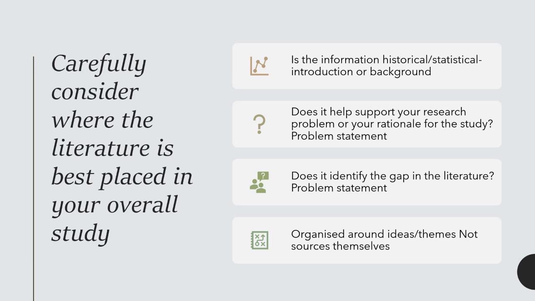So very often we use statistical or historical information in our introduction or background. We can use our literature to support our problem or our rationale for the study. So, for instance, in your background and problem statement, we can use it to identify a gap, and we can then add that to our problem statement.